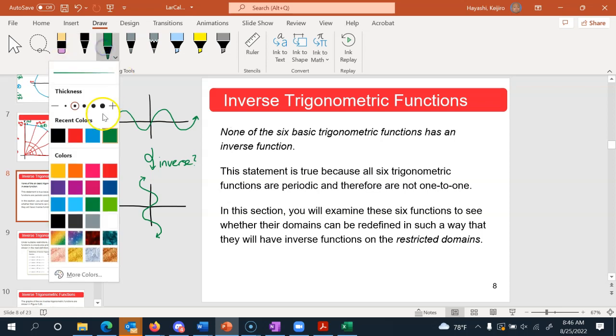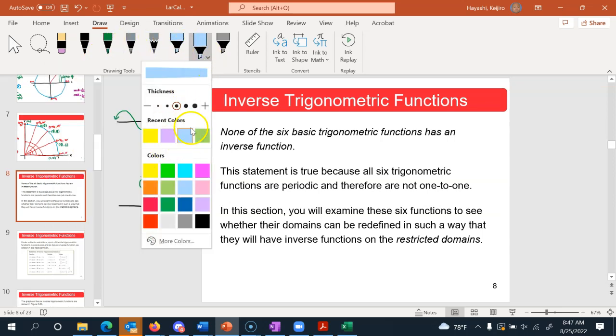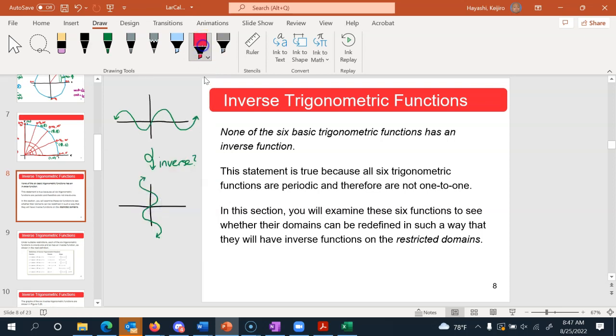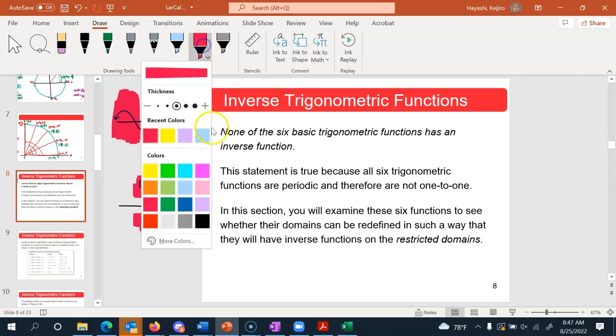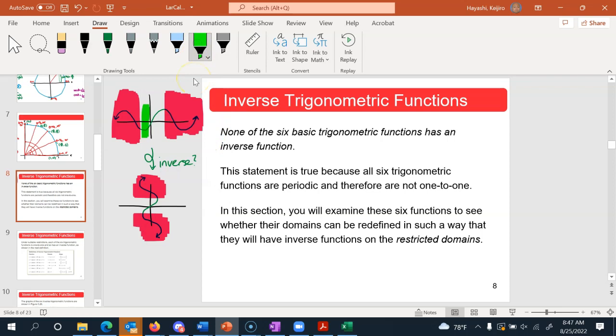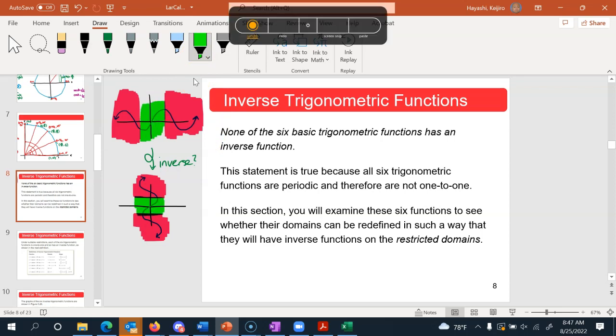So what you do instead is you're going to try to restrict the domain of the original so that when you flip it, when you make it the inverse, and you just look at that portion, that portion is a function.